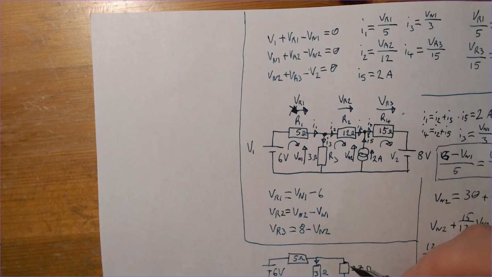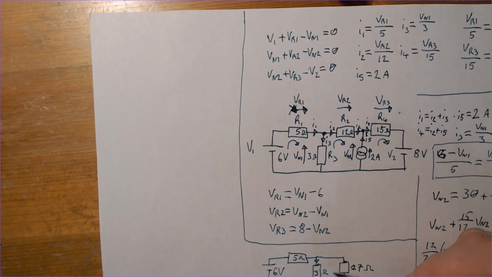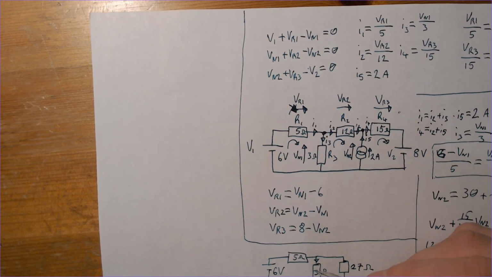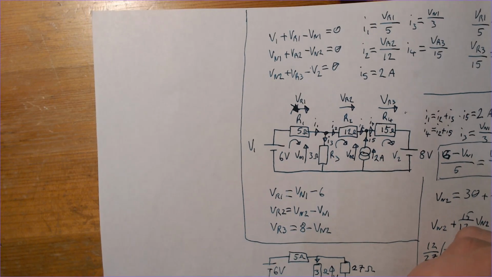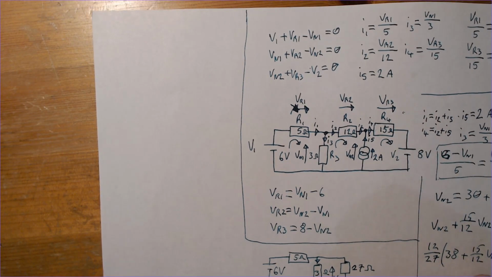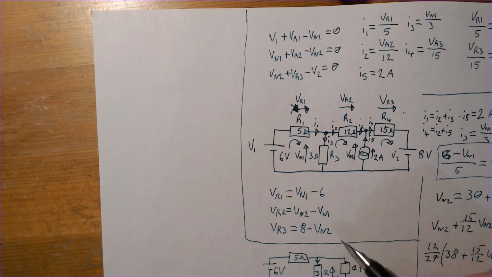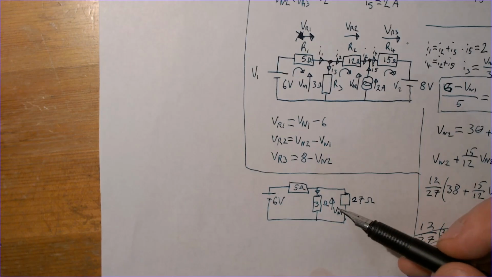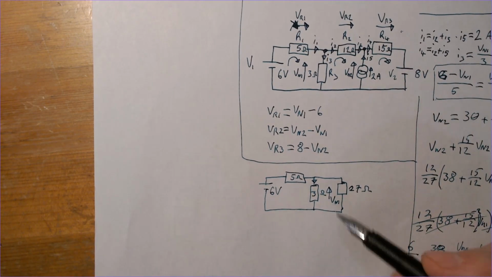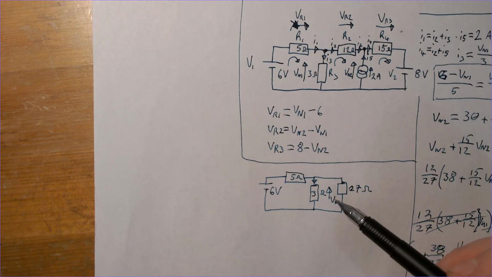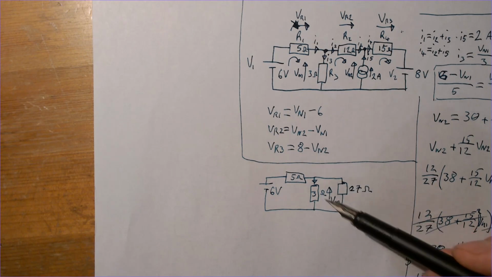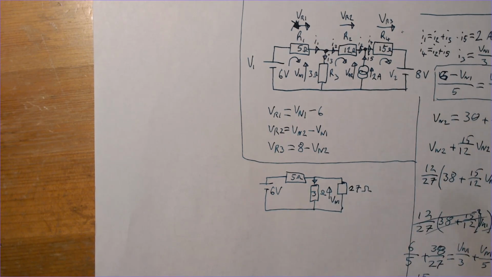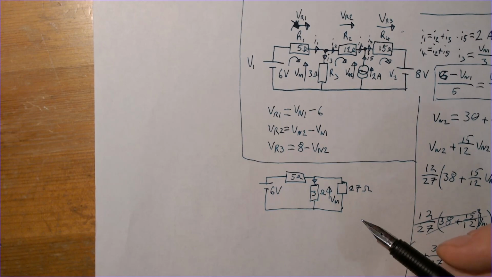I think the easiest way of doing this without using current division is to find out that voltage there, VN1. In fact, the easiest thing to do would be to find VN1 for all three, add them together, then find the current out afterwards. We did that for this. Hopefully the answer will be the same.